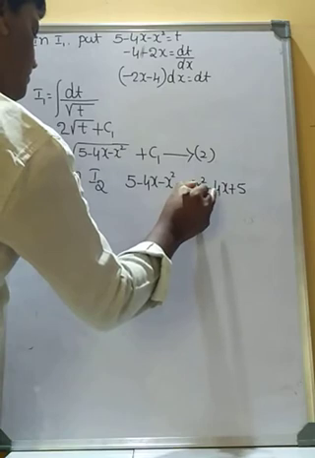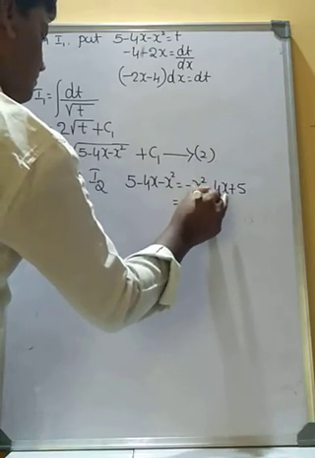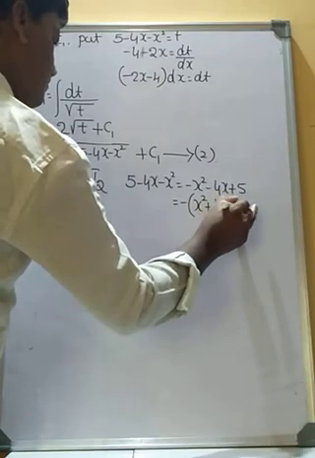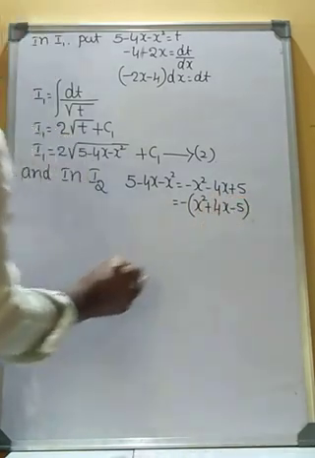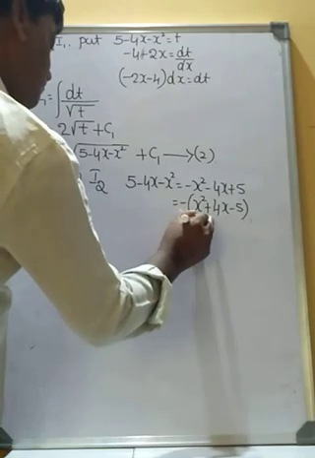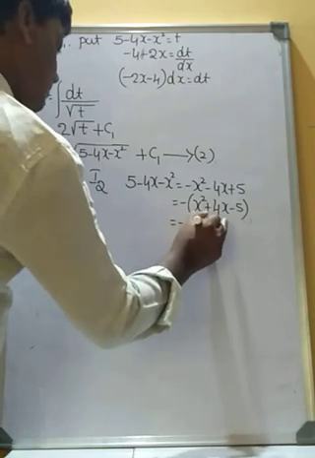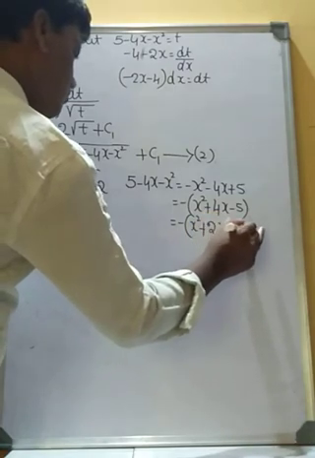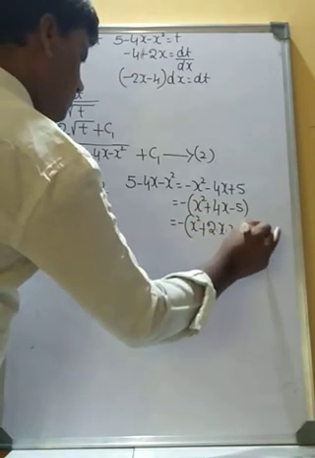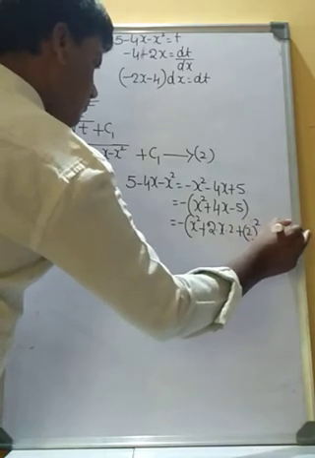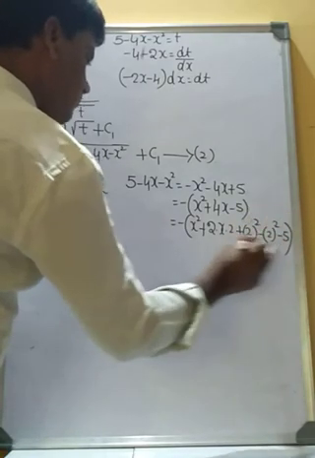That is equal to minus common, x square plus 4x minus 5. So equals minus of x square plus 2 into x into 2 plus 2 square minus 2 square minus 5.